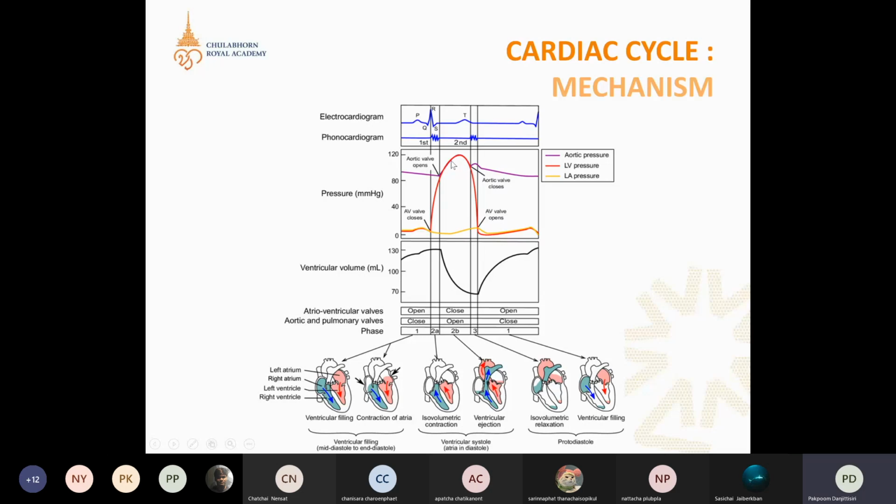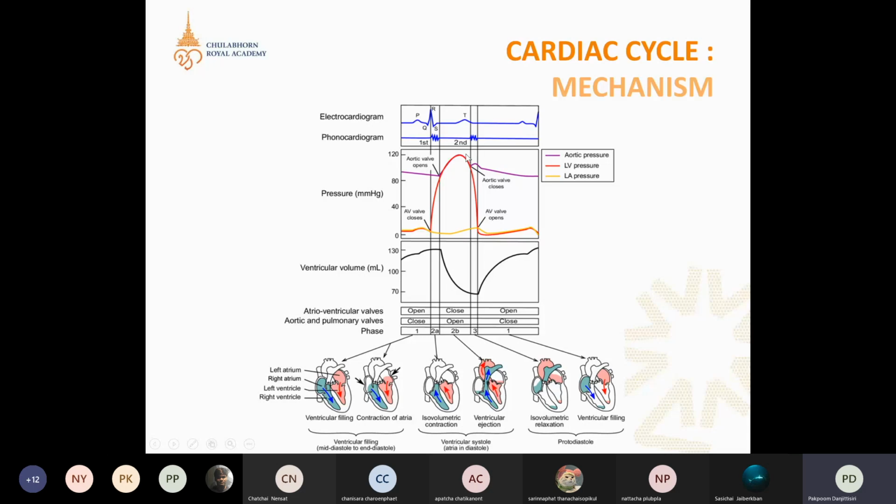And definitely at the systolic phase, the pressure in the ventricle will equal the aorta's. So you will see the matching of the curve of the left ventricular pressure and the aortic pressure over here.